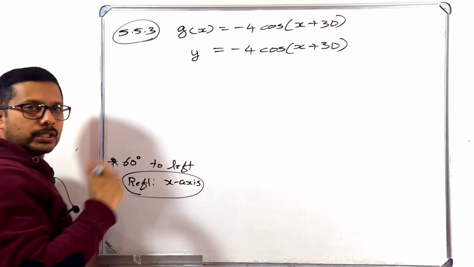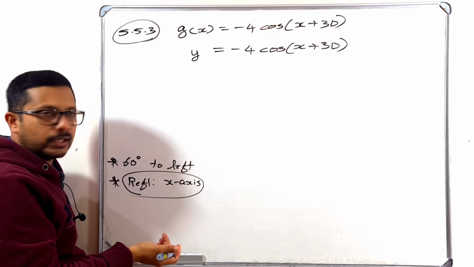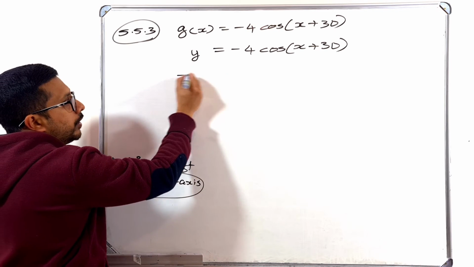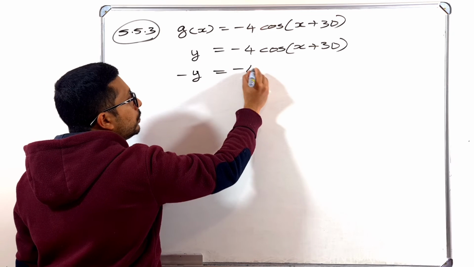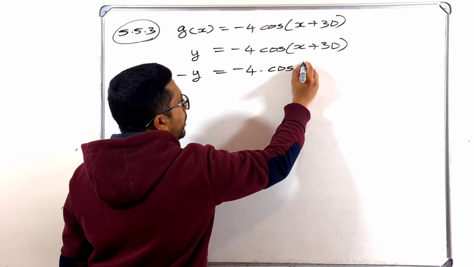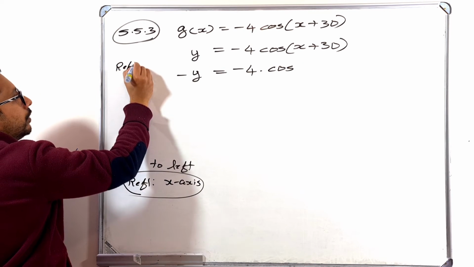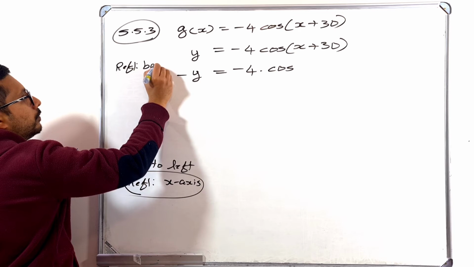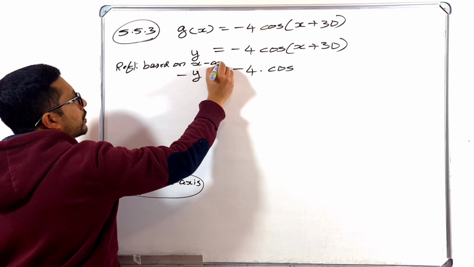If the reflection is based on the x-axis, I'm supposed to change the sign of y. That means this y becomes -y is equal to, don't change this sign now, -4 into cos of... okay, let me write here: reflection based on x-axis.